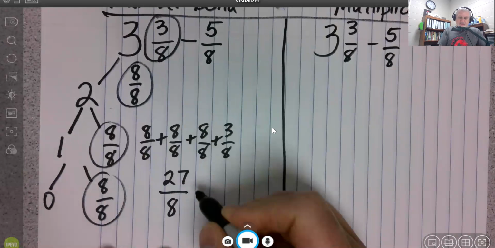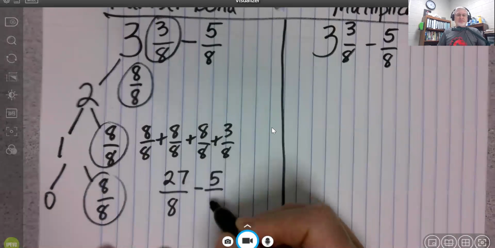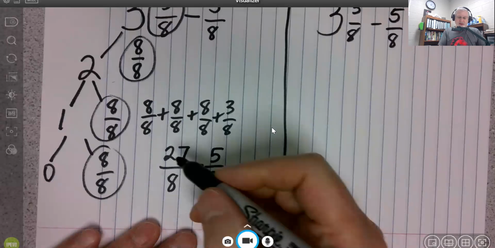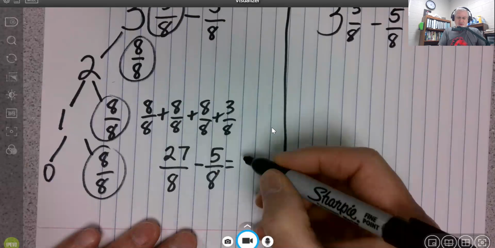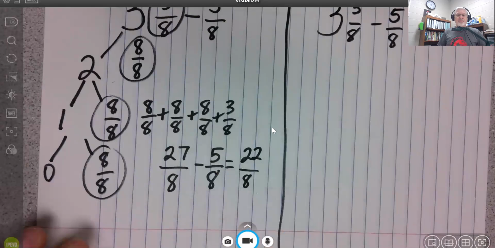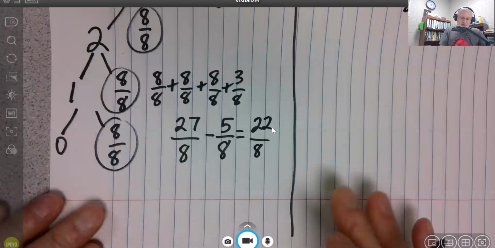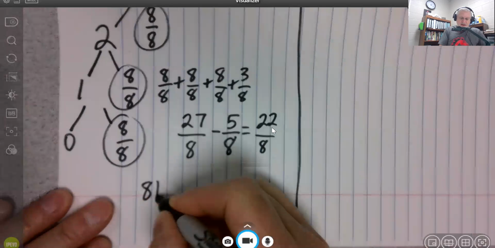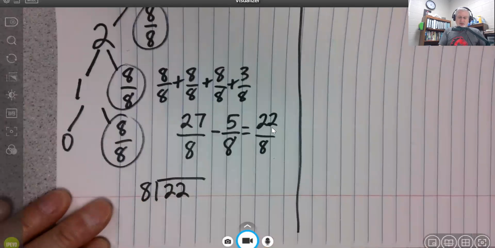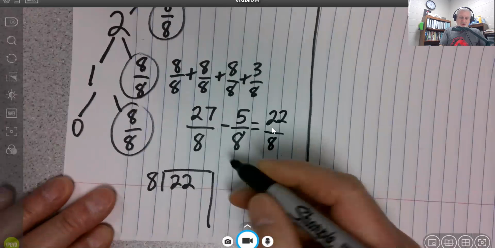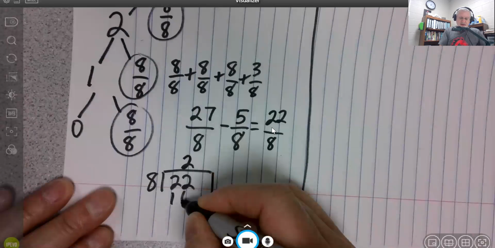minus 5/8. 27 minus 5 is 22, 22/8. Now again, that would be considered an improper fraction. So we have to divide 8 into 22. I know that 8 times 2 is 16.